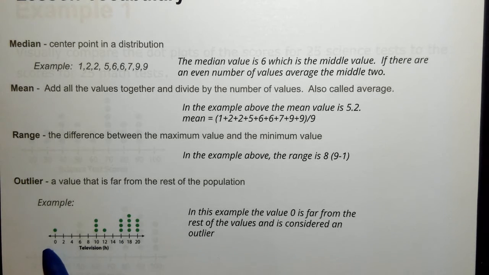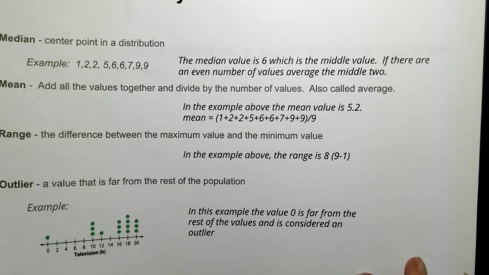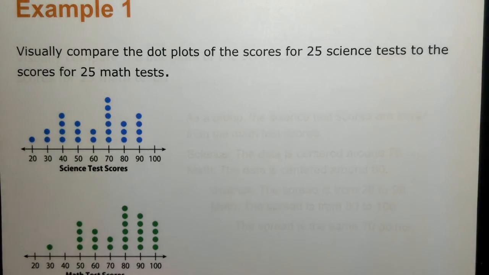So we call that an outlier, and having that in the population will change things like the average, maybe not as much on the median, but it will do some different things to range and to average, and so you need to know how to treat it. So in this case, the 0 was far from the rest of the values, and it's considered an outlier. So keep an eye out on those when you're drawing conclusions.